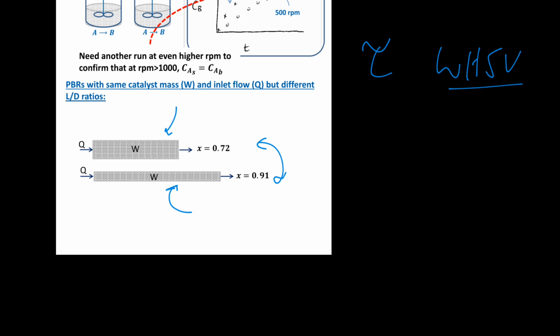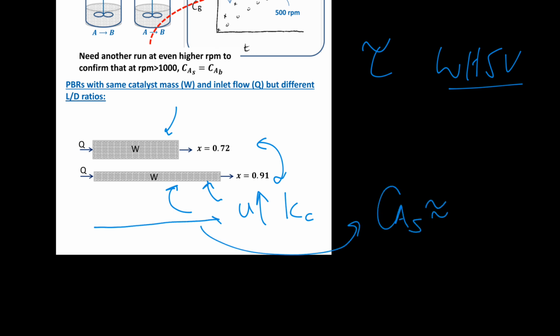So here in this second scenario, I have a long, thin reactor, so I've got a relatively high linear velocity, implying that I've got a high Kc value, which also means that along the length of my reactor, chances are good that Ca surface may approach Ca bulk. However, in this reactor, where I have a shorter, fat reactor, I'm going to have a relatively low linear velocity, and according to the Throne-Kramer correlation, that implies a lower Kc value.